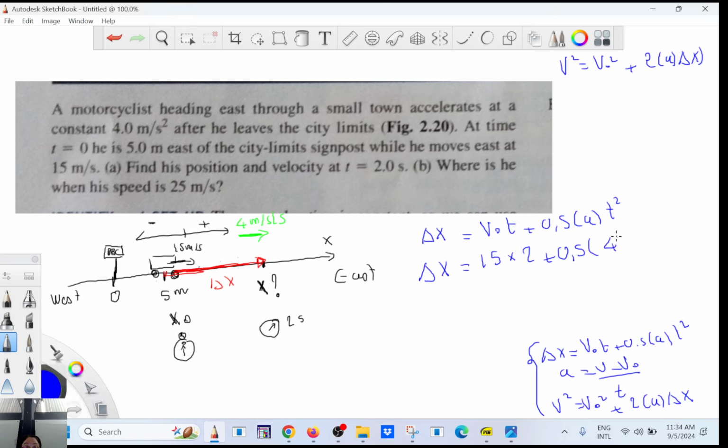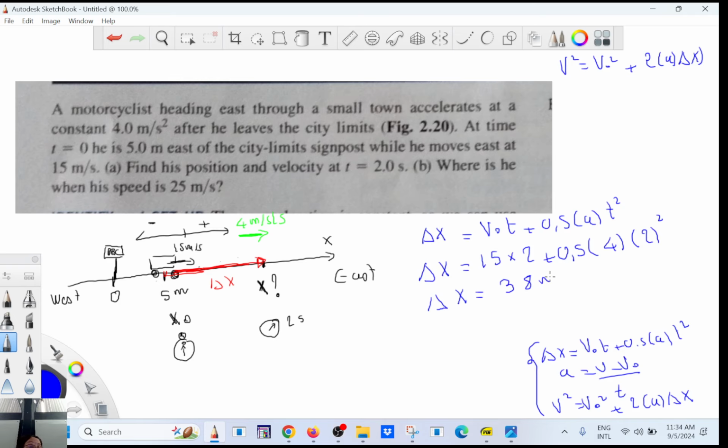Acceleration is 4, and 2 squared. So how much is that? 38?